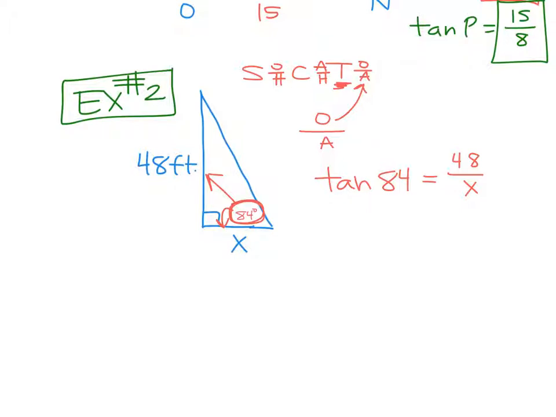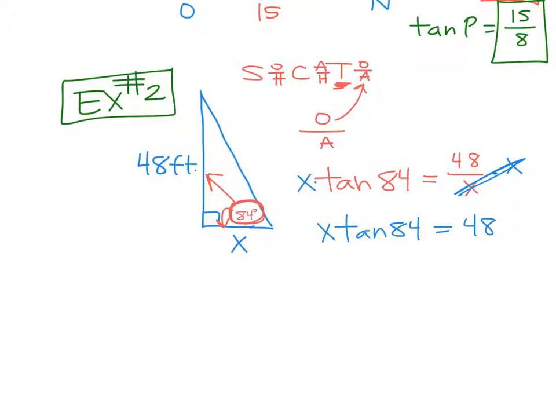If I want to get x by itself, right now it's a denominator. We don't want it as a denominator because it's 1 over x then, right? So we're going to get it out of the denominator by multiplying by it. Okay, so I'm multiplying both sides by x so that that goes away. So right now our problem is x times tan 84 equals 48.